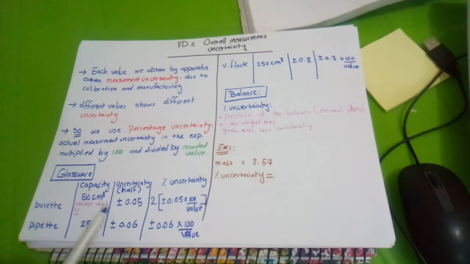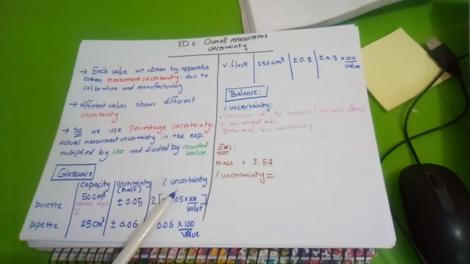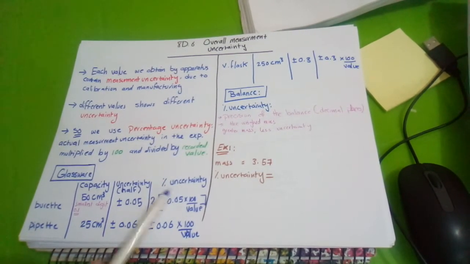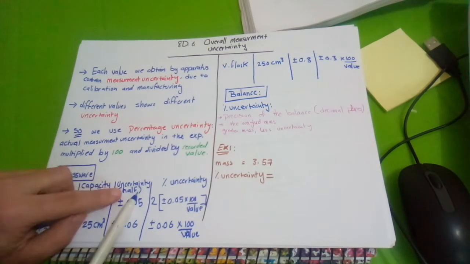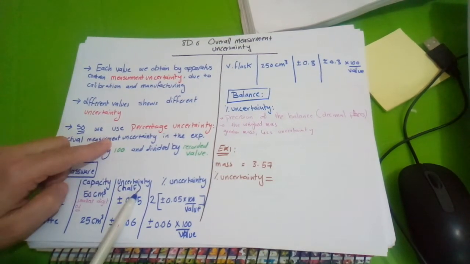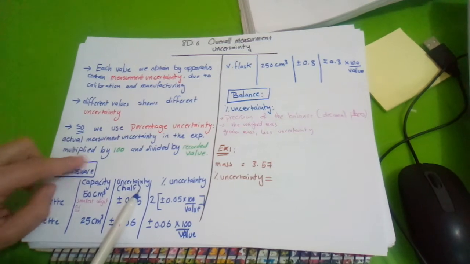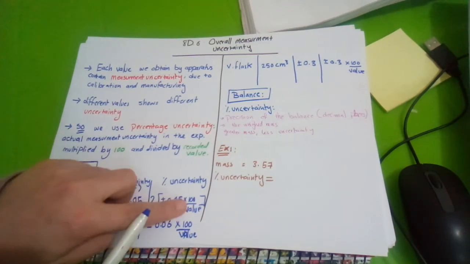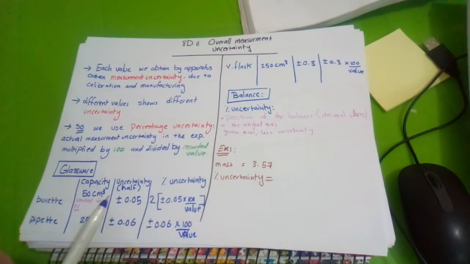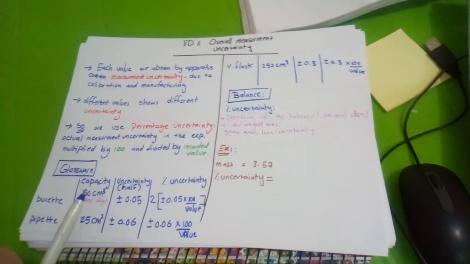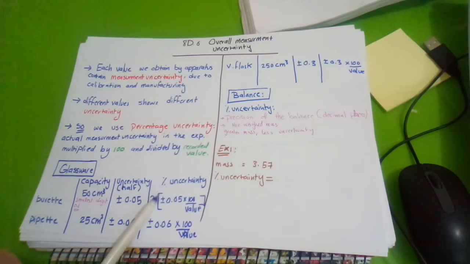In order to calculate the percentage uncertainty in the burette, it's my measurement uncertainty multiplied by 100 and divided by the recorded value you got from your burette. Here we can see we have multiplied this percentage uncertainty by 2.